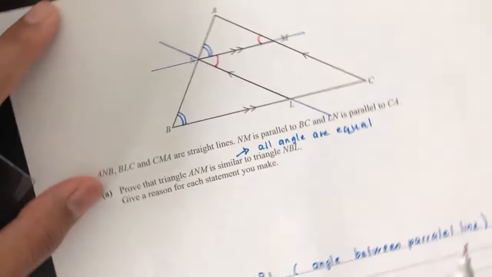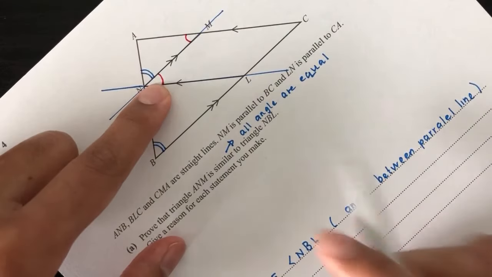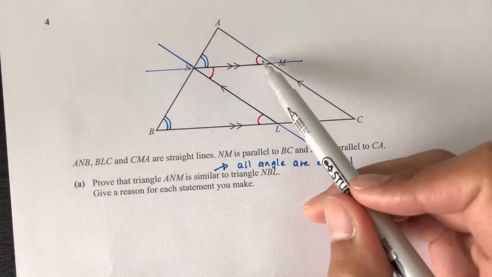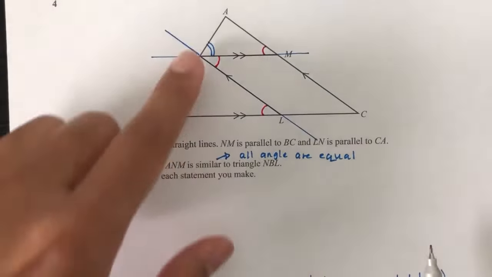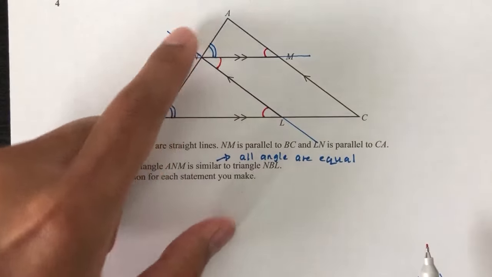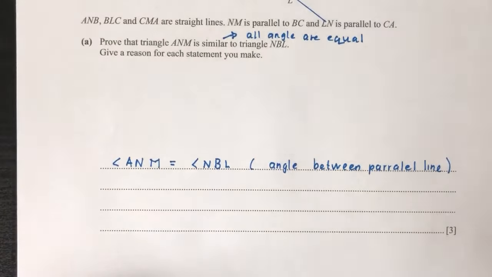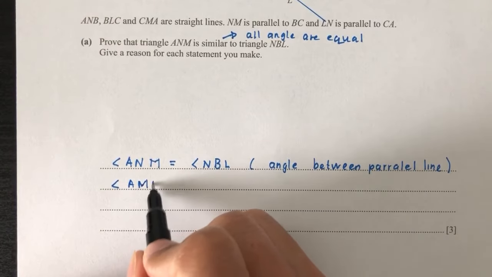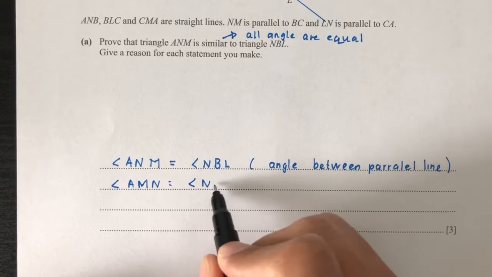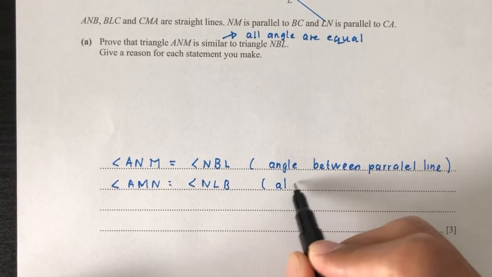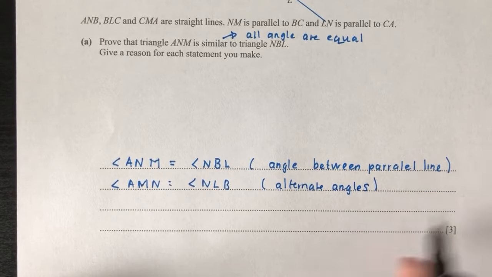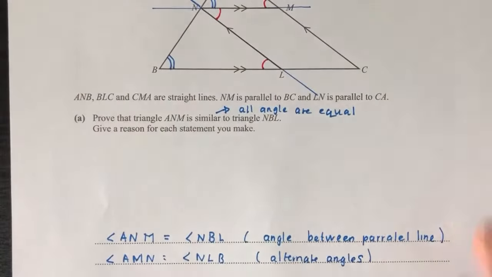So now if you rotate this way, you can look that this is the same as this. So in the end, this is the same as this. So let's write this down. Angle AMN is the same as angle NLB. You can just say alternate angles, or you can just point to the diagram.